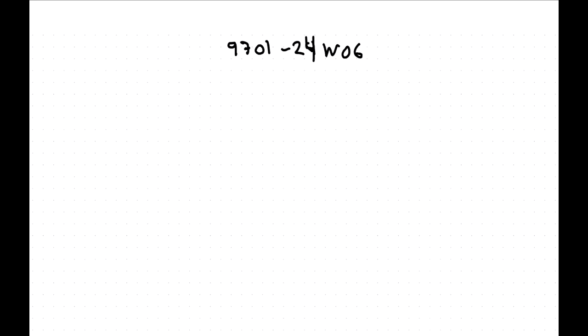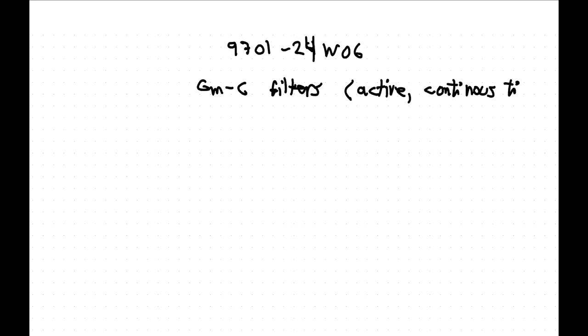The first is GMC filters, and this is an active, continuous-time filter. This is the sort of filter you have when you have some kind of sensor here and some signal comes into it.